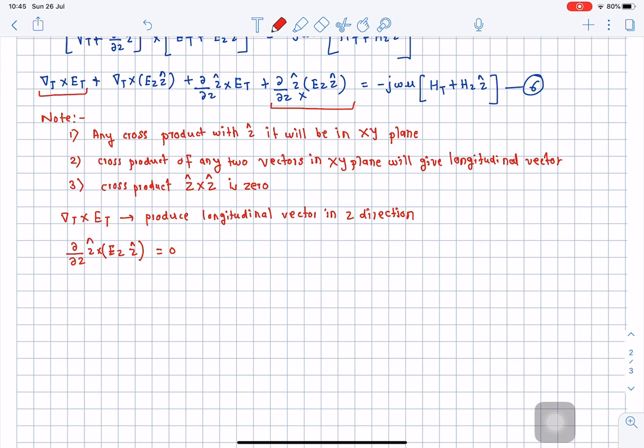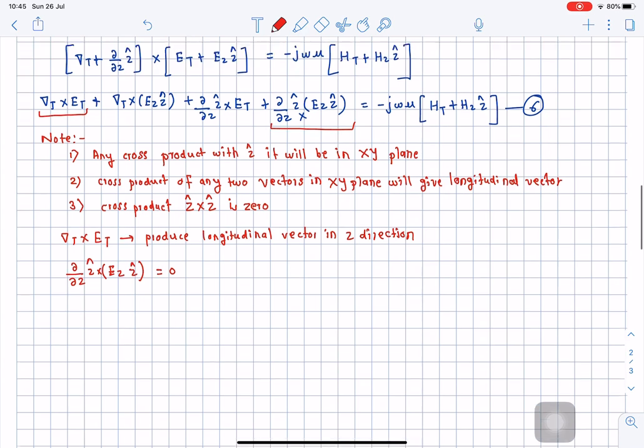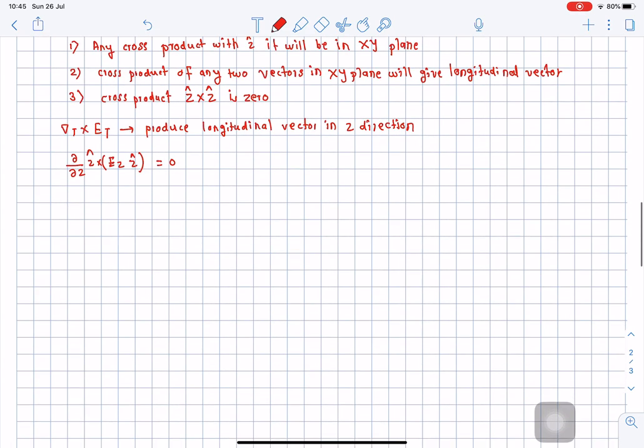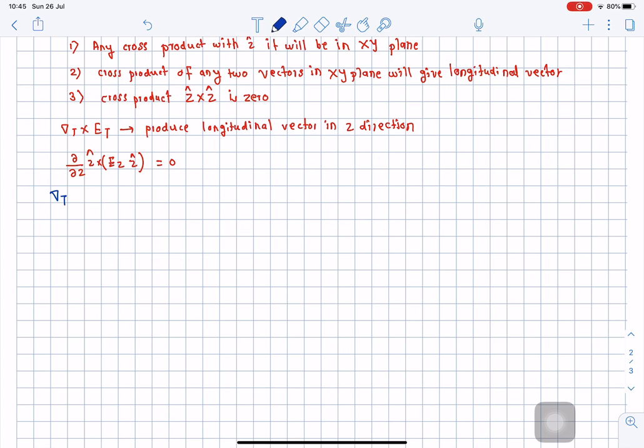So we make use of these observations in equation 6 and rewrite the equation. The first term is as it is: del t cross E t. The second term, del t cross Ez z cap, remains the same, and the third term also remains the same, del by del z of z cap cross E t.